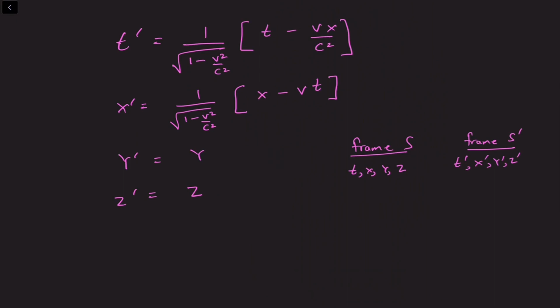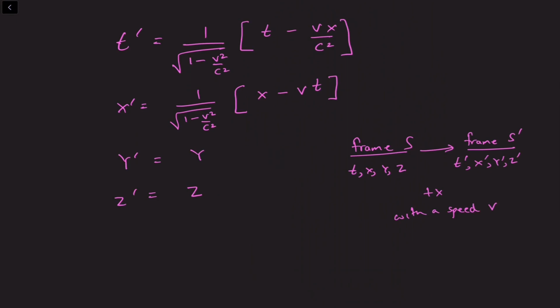And the frame S prime is moving with respect to the frame S, and as measured in the frame S, the origin of frame S prime is moving along the positive x-axis with a speed v. Okay, so if I want to understand what the frame S prime is doing with respect to the frame S, it's moving along the positive x-axis with the speed v.